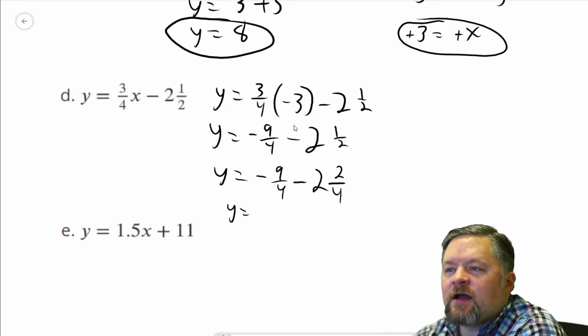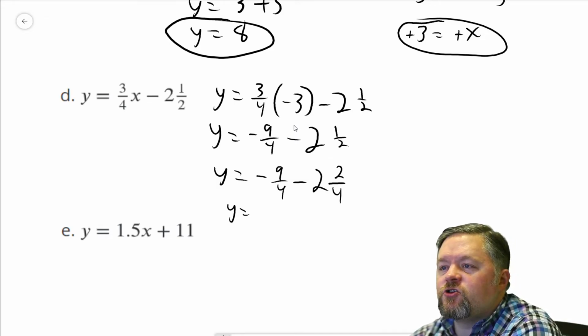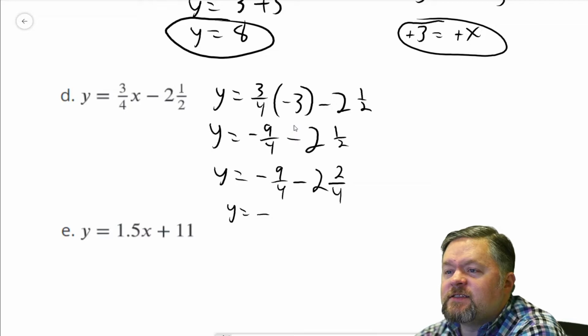So we are negative 9/4. 9/4 is 2 1/4. So negative 2 1/4 minus 2 2/4 is negative 4 3/4.